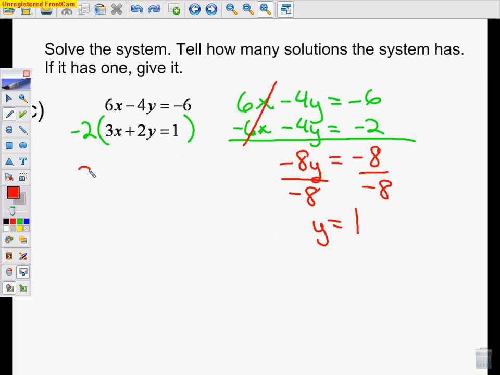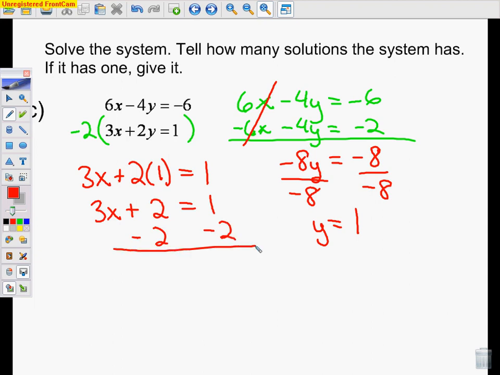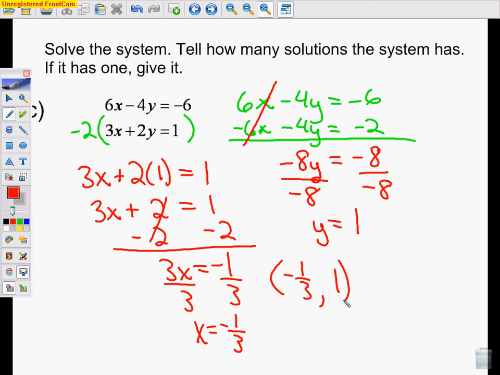So 3x plus 2y, and we know y is 1, equals 1. Let's simplify. 3x plus 2 times 1 is 2, equals 1. Let's solve for x, so we subtract 2 from both sides. So these cancel out, leaving you with 3x equals negative 1. Then we divide by 3 on both sides. So we get x equals negative 1/3. So our answer here is negative 1/3 for x, positive 1 for y.